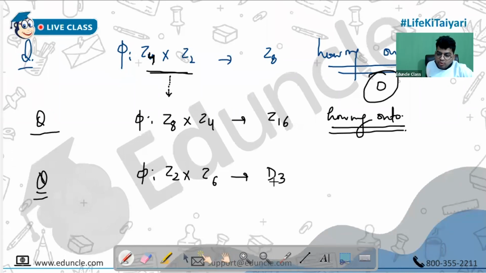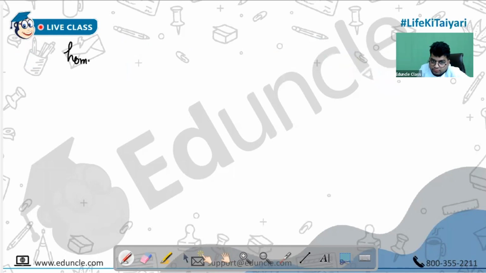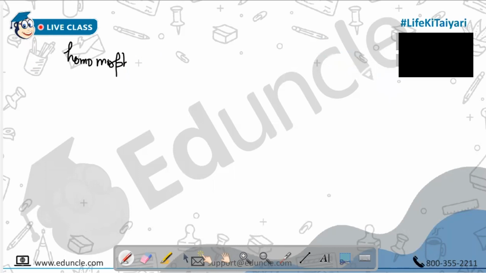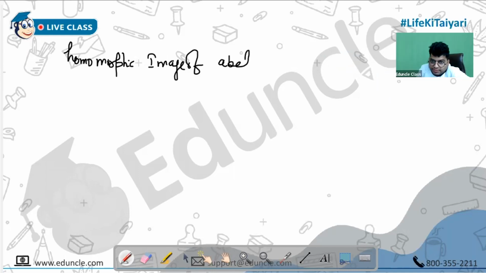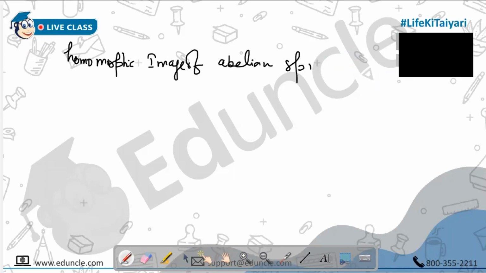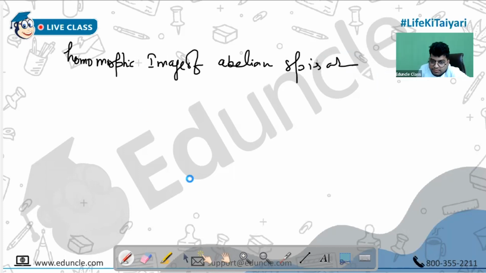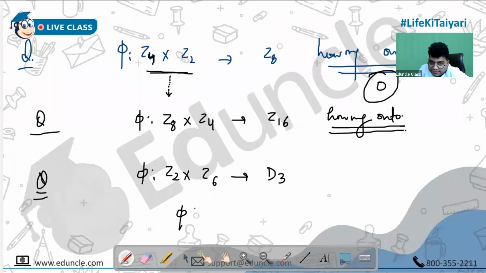D3. How many onto? Right hand side 6 order, left hand side 12 order. सर इसकी एक्चुअली बात क्या है मैं बताता हूँ आपको, एक लाइन याद रखो: होमोमॉर्फिक इमेज ऑफ अबेलियन ग्रुप इज अबेलियन. मान लिया जैसे हम यहाँ पे कह रहे हैं कि दिस इज होमोमॉर्फिक इमेज. सो व्हाट इज फाई ऑफ दैट?